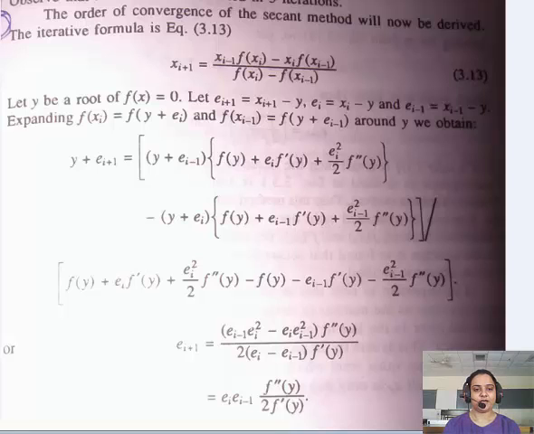We obtained y + e_{i+1} equals y + e_{i-1} times f(y + e_i) f'(y) + e_i squared upon 2 f''(y) minus y + e_i times f(y + e_{i-1}) f'(y) + e_{i-1} squared upon 2 f''(y), whole divided by f(y + e_i) f'(y) + e_i squared upon 2 f''(y) minus f(y + e_{i-1}) f'(y) + e_{i-1} squared upon 2 f''(y).